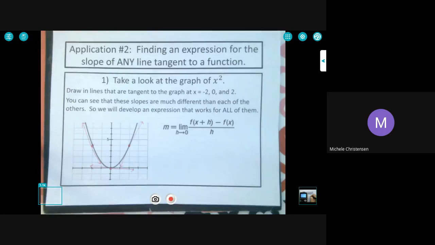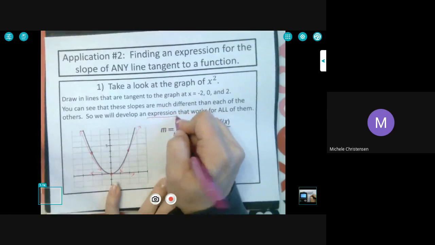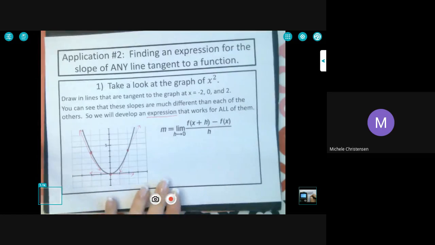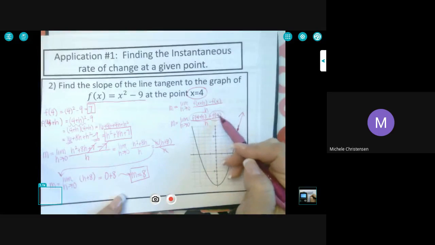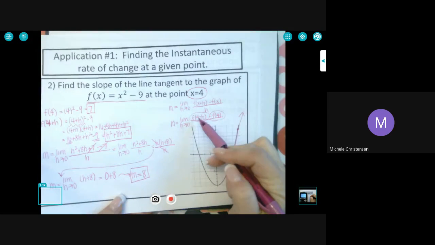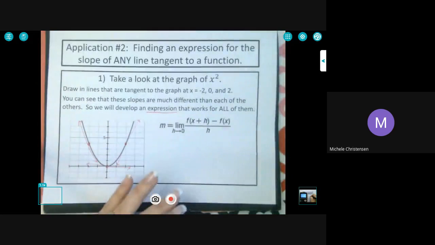Okay, so instead, we can develop an expression that works for every x value on that function. So the way that we're going to do that is instead of using an actual specific x value, like plugging in 4 and 4 plus h, we're going to leave these in terms of a variable x so that we can do it for any x value in the future.